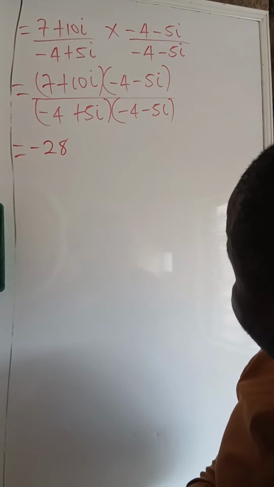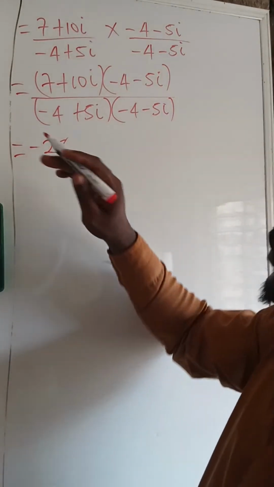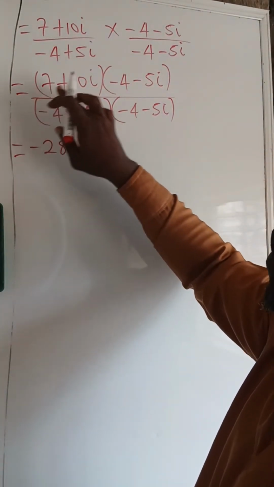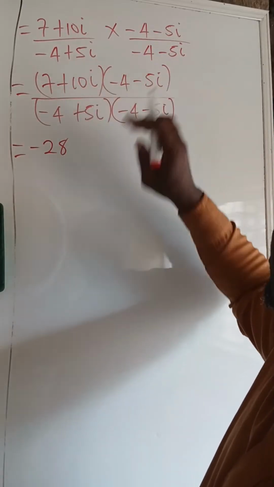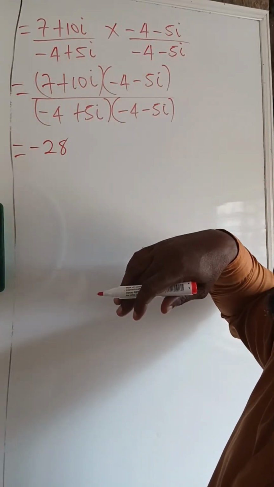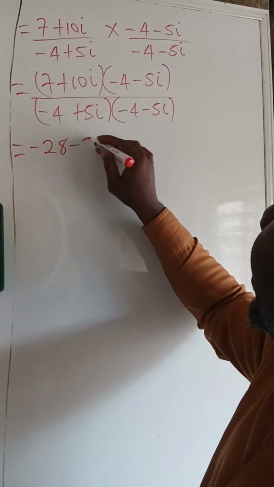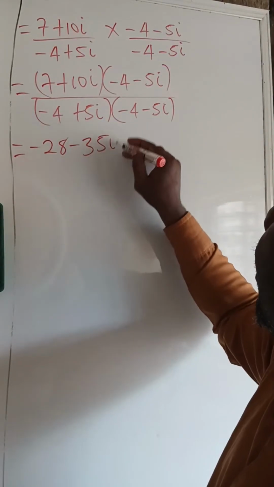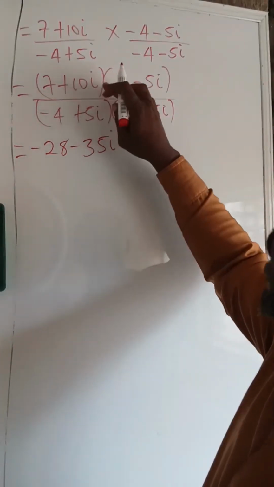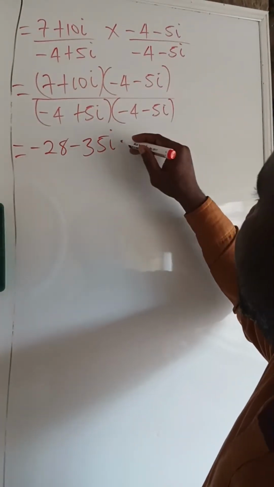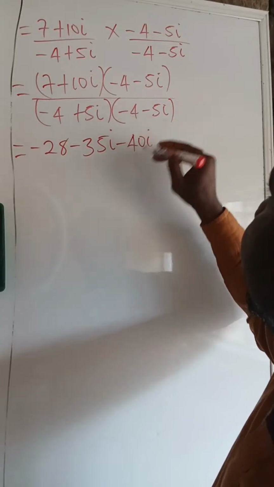Then 7 times minus 5i, you are supposed to have minus 35i. Then 10i times minus 4, minus 40i.